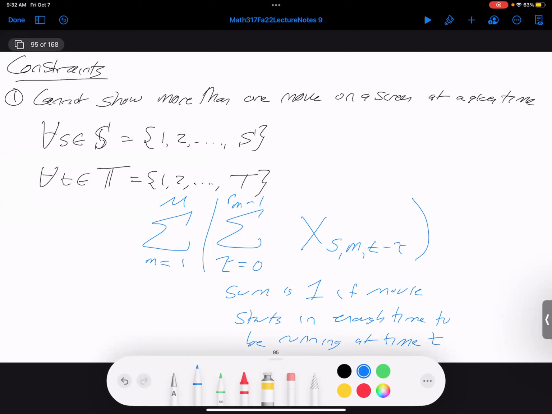What do you think a reasonable unit for time would be? How many minutes? 90 minutes. So we would be doing things in 90-minute increments. I'm breaking my day up into time 1, time 2, time 3, time 4. I could have all the times be just 1 minute, but the more time steps I have, the more variables I have, the harder the program is going to be to solve.